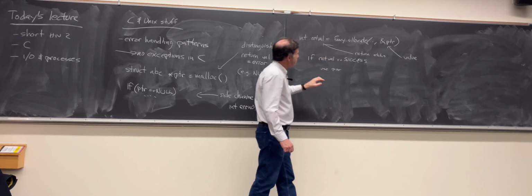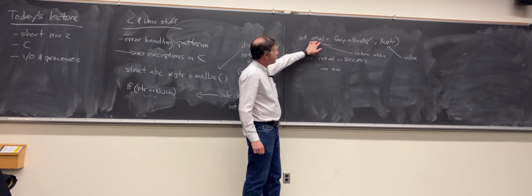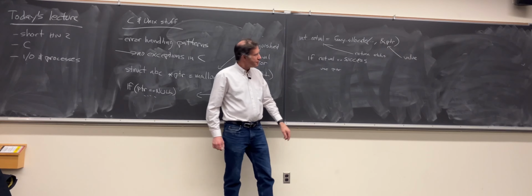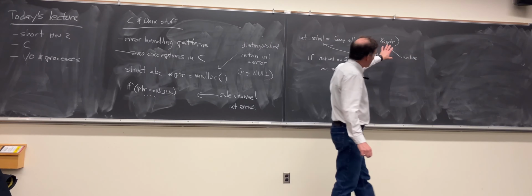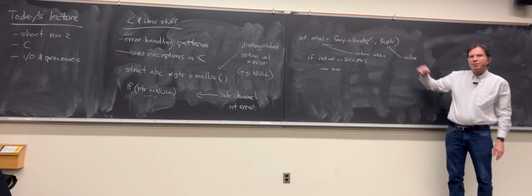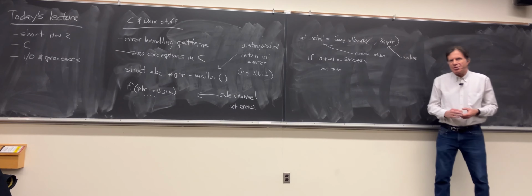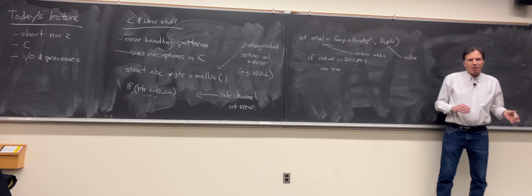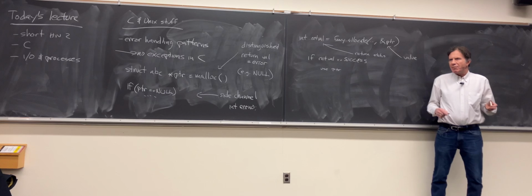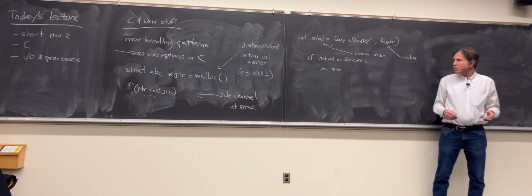Those uniformly had a return value that indicated whether it succeeded or failed, and any actual values, the real return value, was stuffed into a variable that you passed a pointer to.